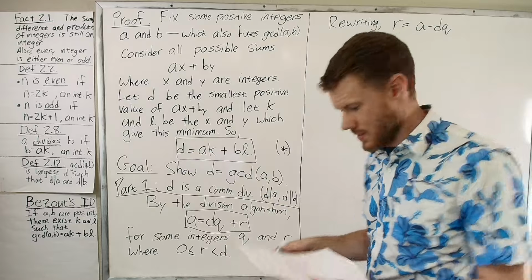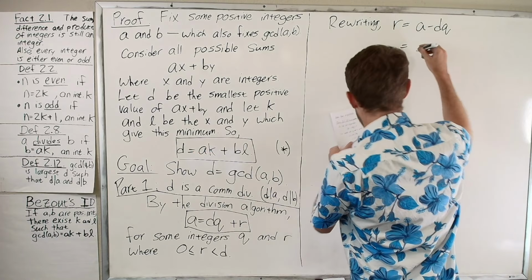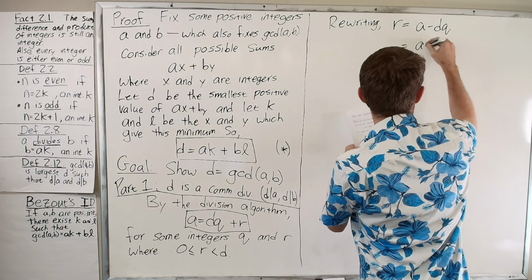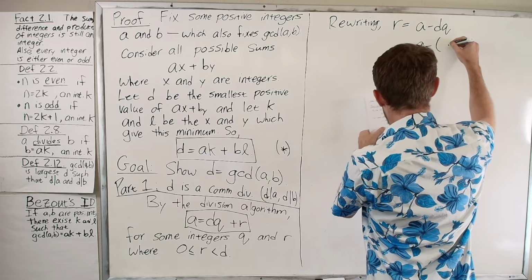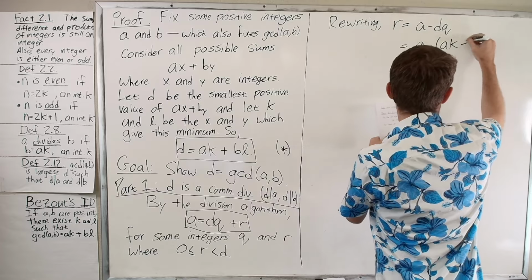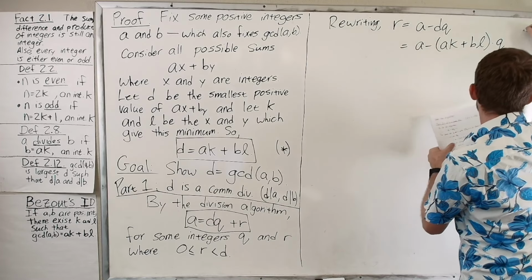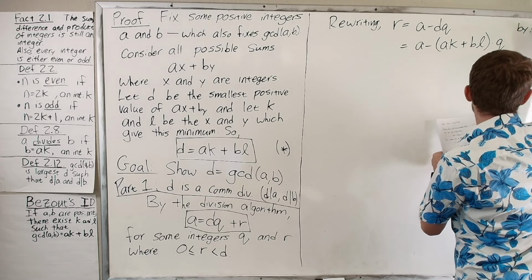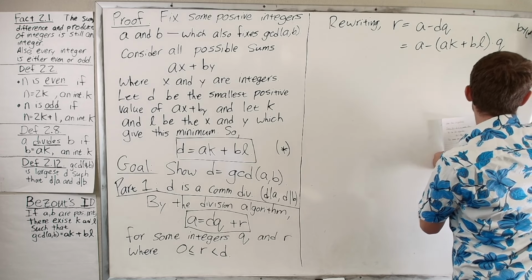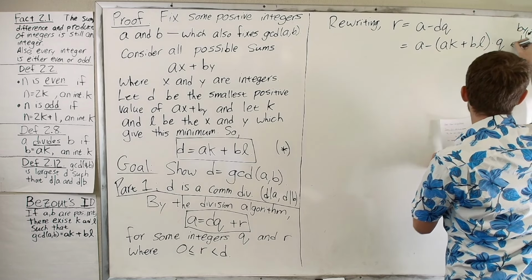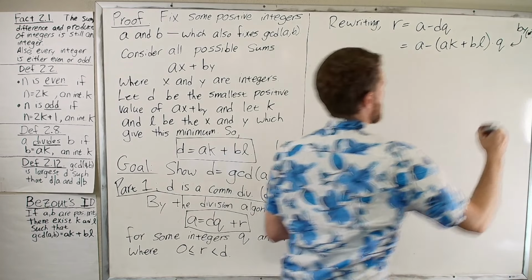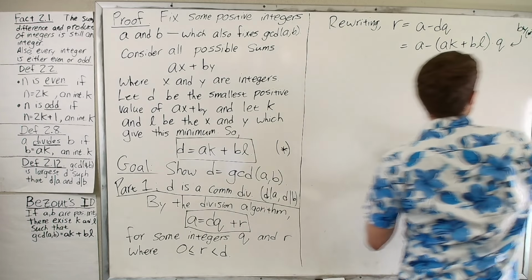So this is a way to get rid of D in our work. So we have A minus D, which is AK plus BL, times the Q. So this is by the star equation. That's why that's true. It's true according to the star equation.